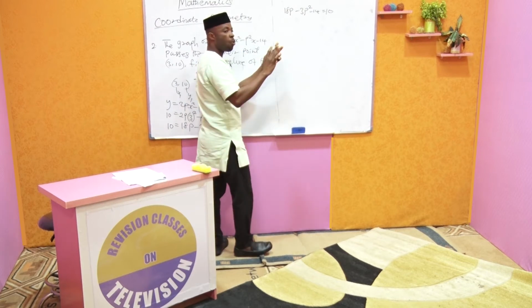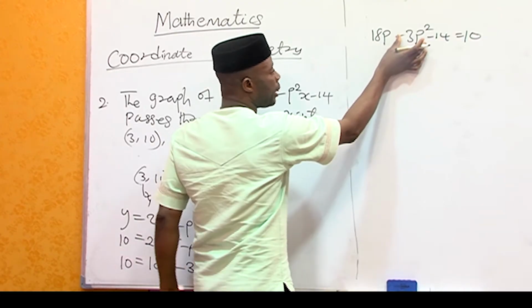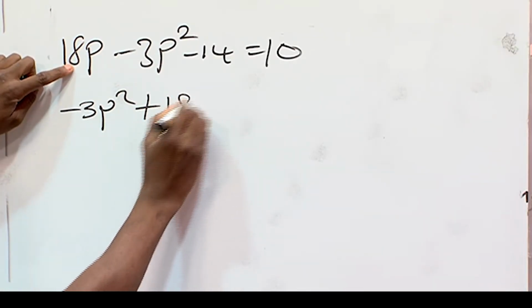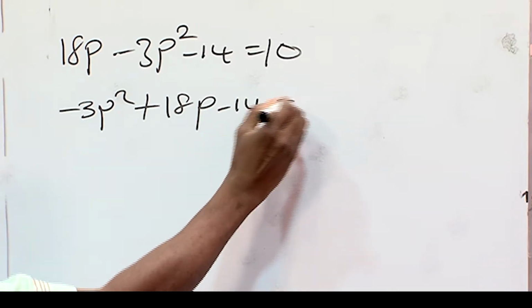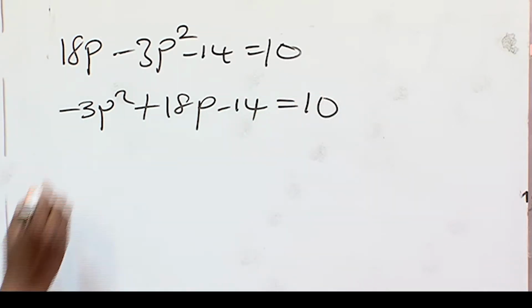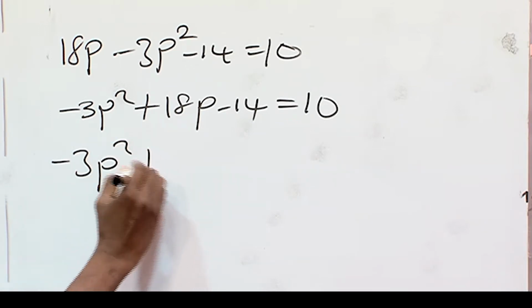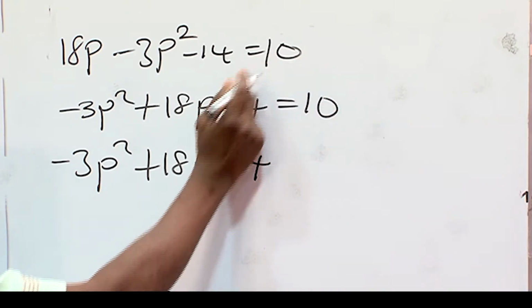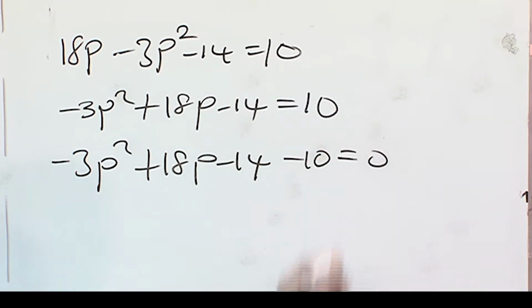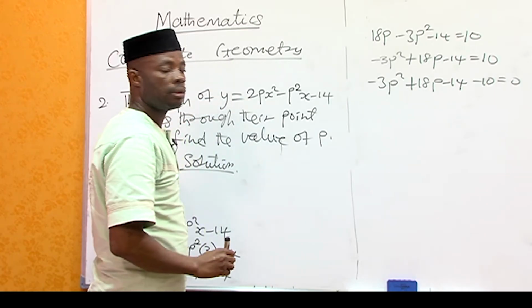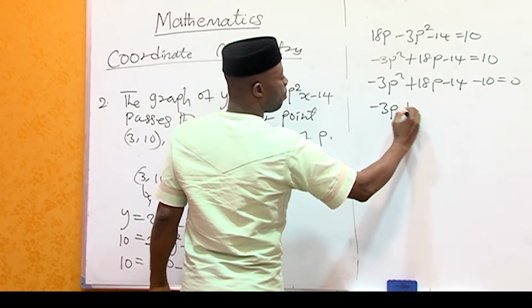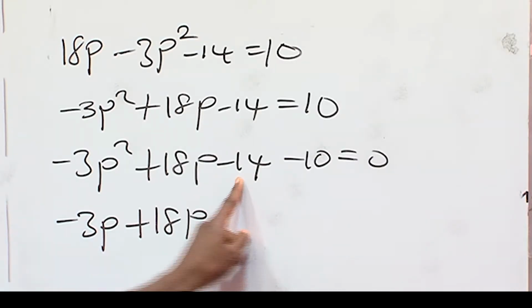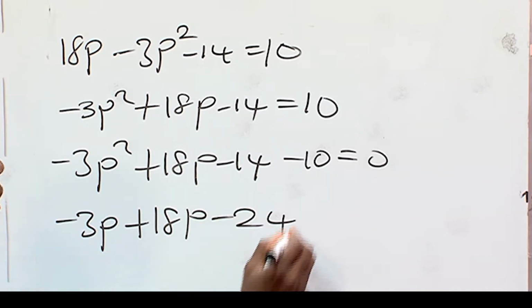So to make it a quadratic equation, bring down this: minus 3p squared plus 18p minus 14 equals 0. This 10 will cross here and become minus, so minus 14 minus 10 will give us minus 24 equals 0.